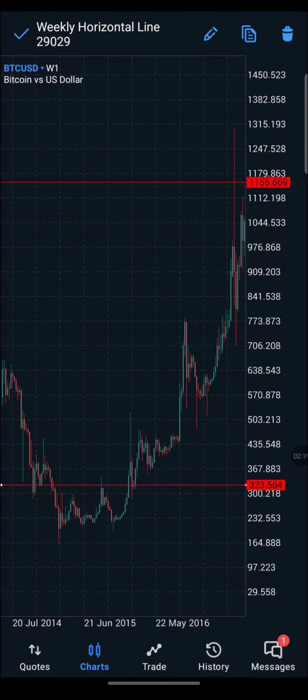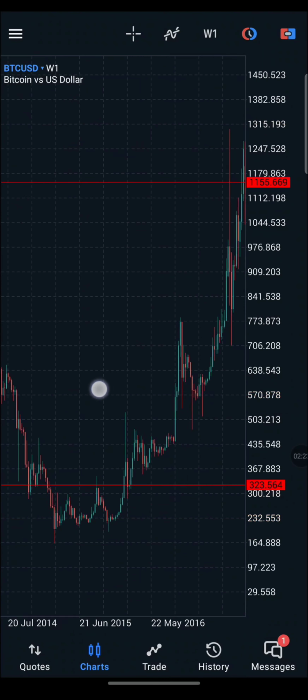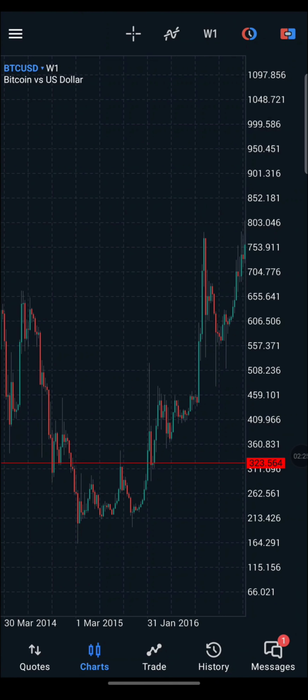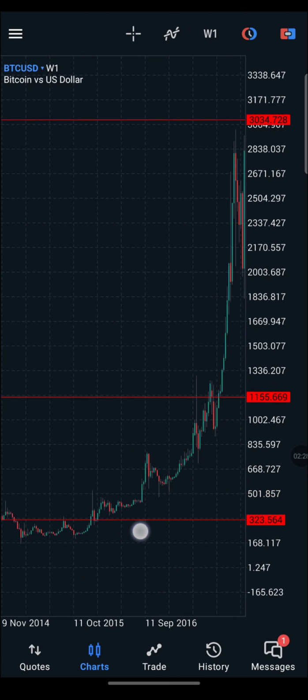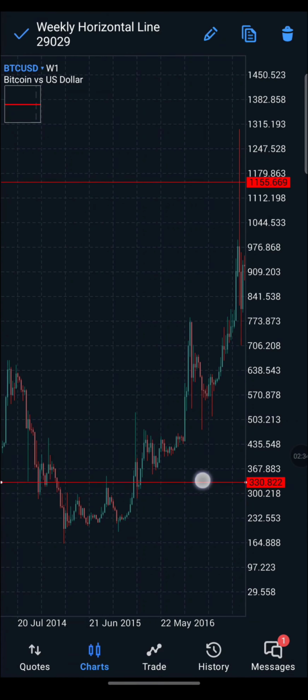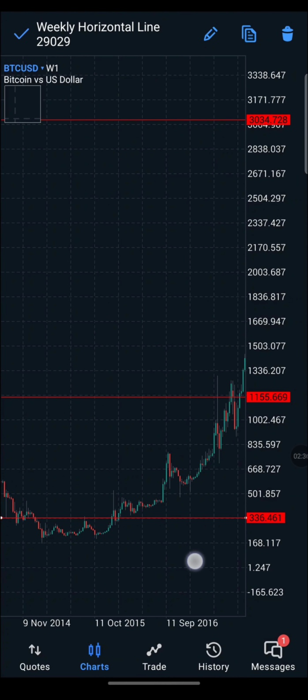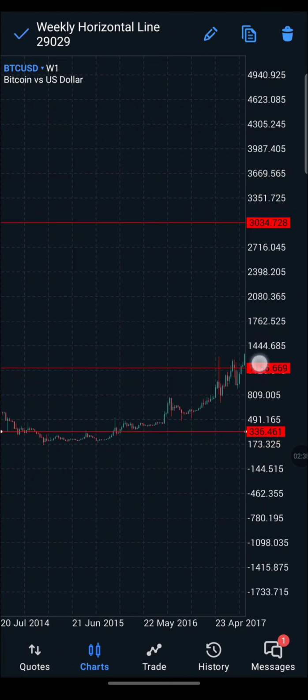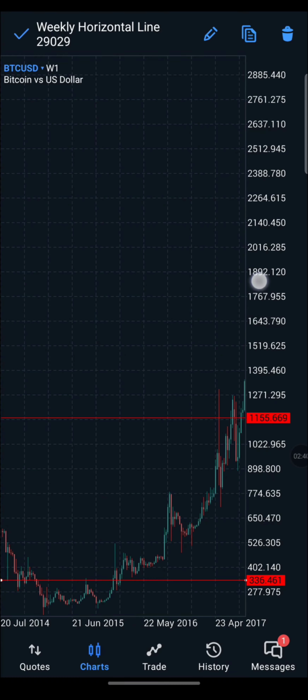Hence making this point a high support level and a buying, or rather place of high demand once it reached this level. So this is what you need to know about demand.